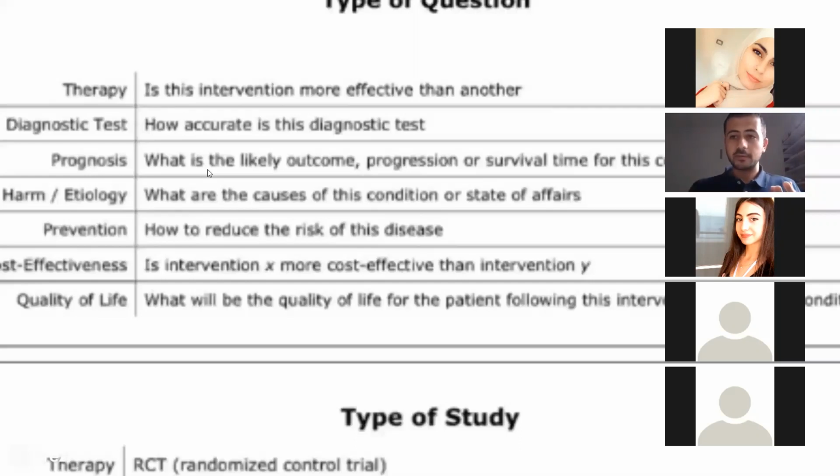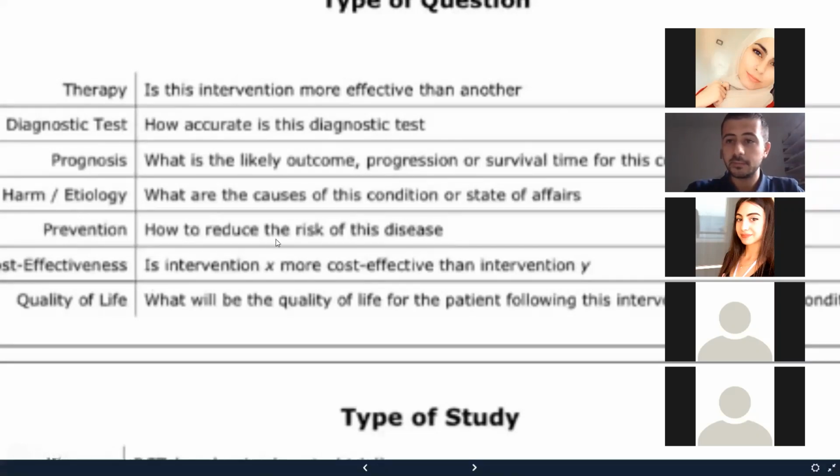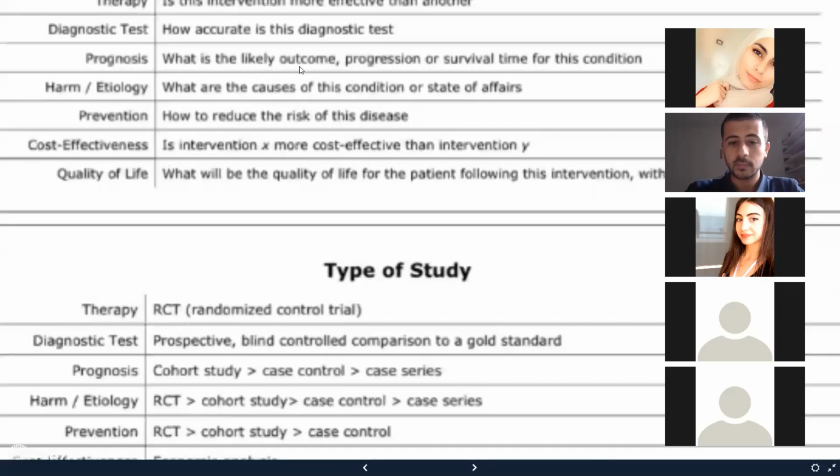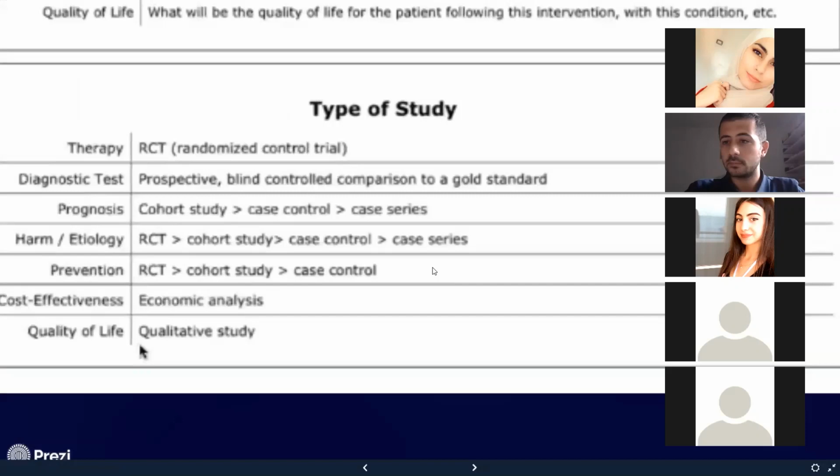But if I don't have that group, I will do a case series. So we can do a case control or case series or cohort? No. For each case, we have the better option, and we have other options. But of course, if I can do a cohort study, I shouldn't do a case control one.